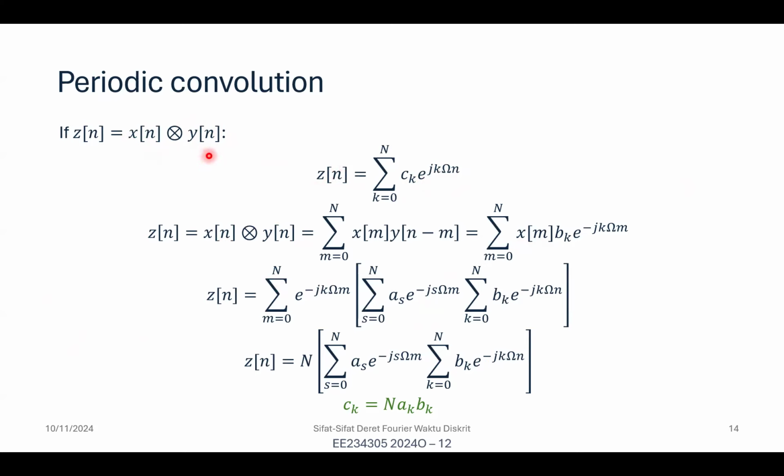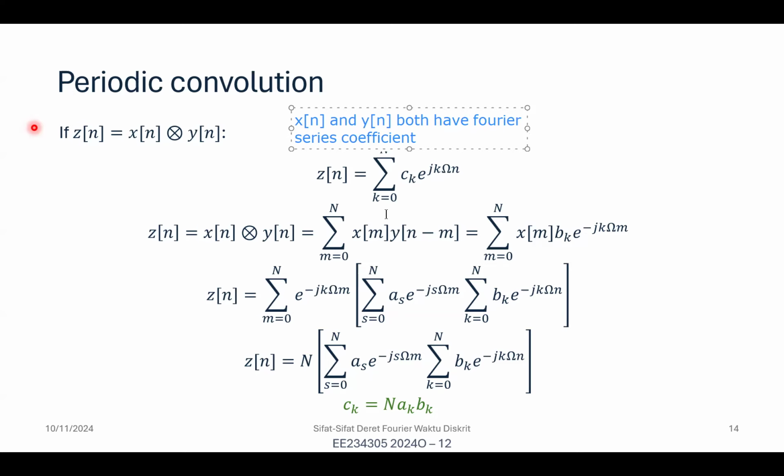Both of the signals are periodic, so both xn and yn have Fourier series coefficients.